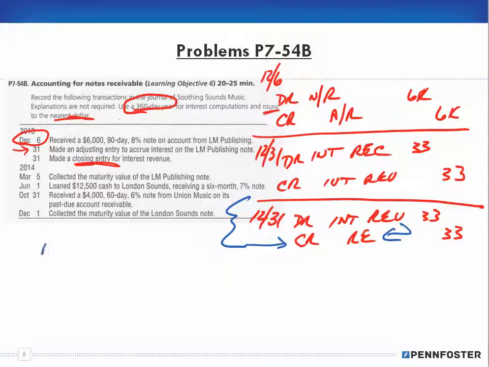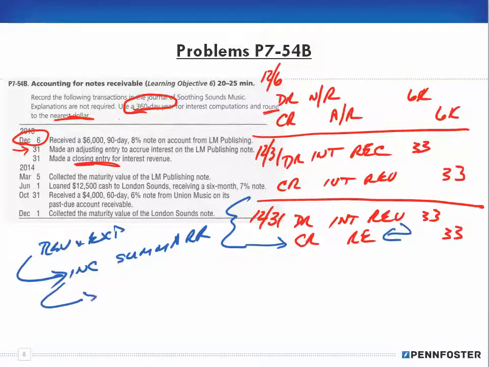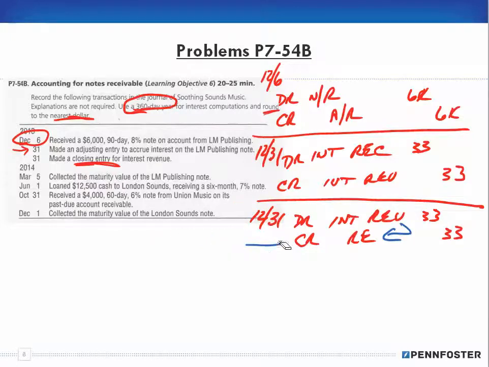You move your revenues and expenses to your income summary account first, and then you move it from the income summary to retained earnings. Just so you're aware of that. So that's a deviation from the solution in and of itself. But I'm not going to repeat all of that. Go back and watch those videos. Just be aware that, even though this entry is technically correct, generally that's not how it's done either.